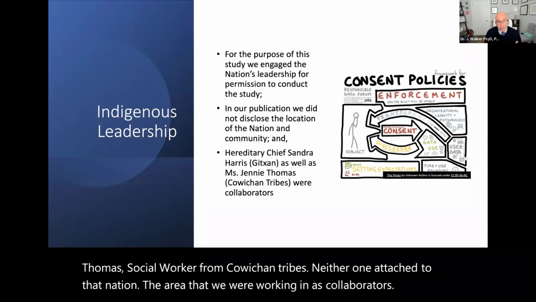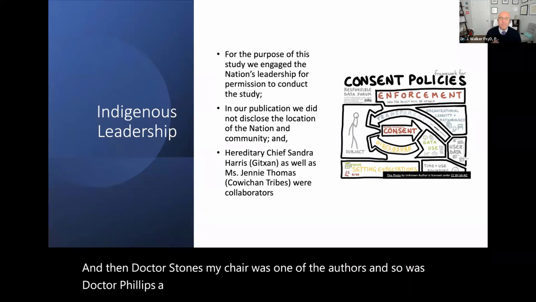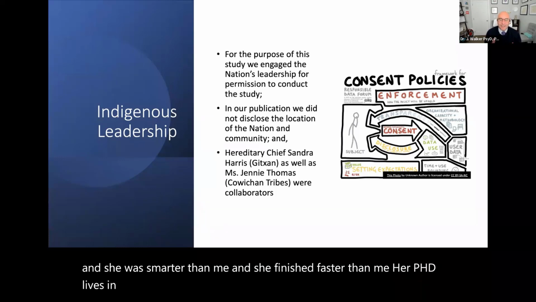And then Dr. Stones, my chair, was one of the authors, and so was Dr. Phillips, a friend. In fact, one of my best friends, who I met at NCU. She was smarter than me, and she finished her PhD faster than me. She lives in Texas. I visit, and we have published many times together over the years.